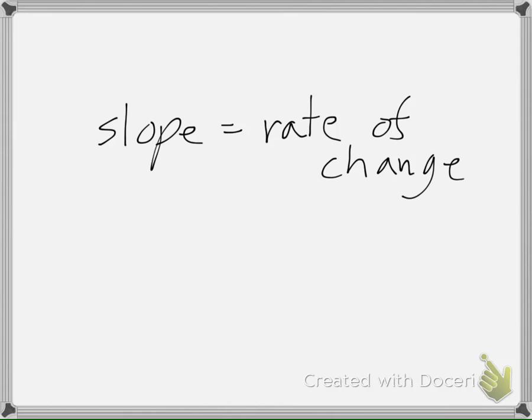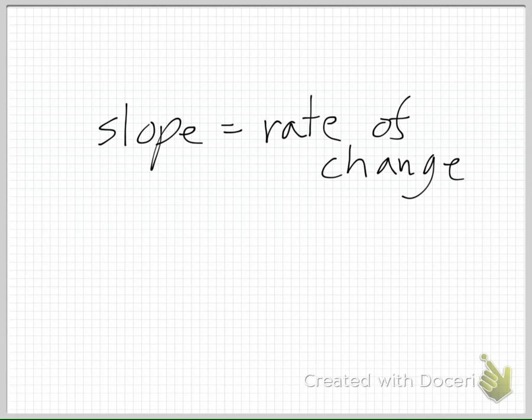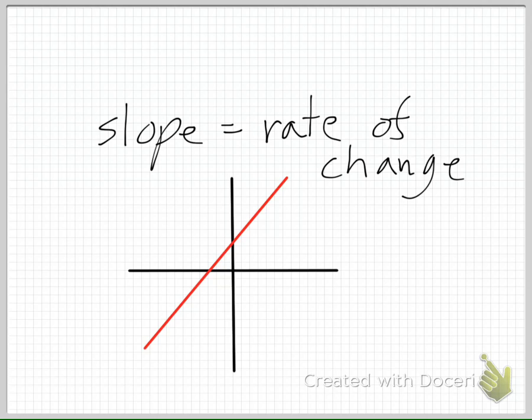Well, if you look at different lines, let's say I draw a couple lines on here. If I have this line versus this line, which of those has a steeper or a bigger slope?